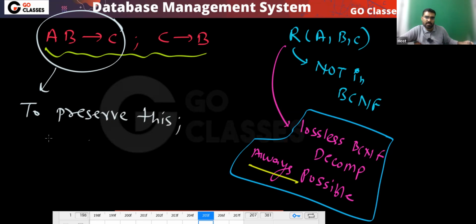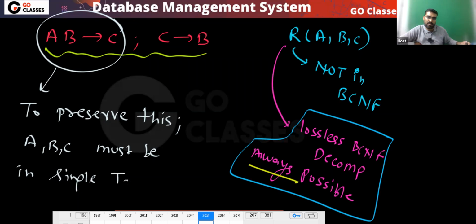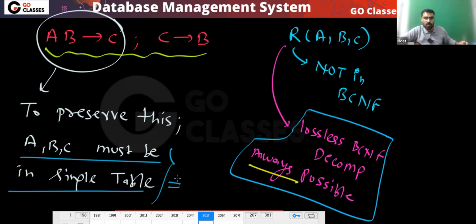To preserve this, A, B, C must be in a single table. And if you put them in a single table, then what is the problem? Then it is not in BCNF.